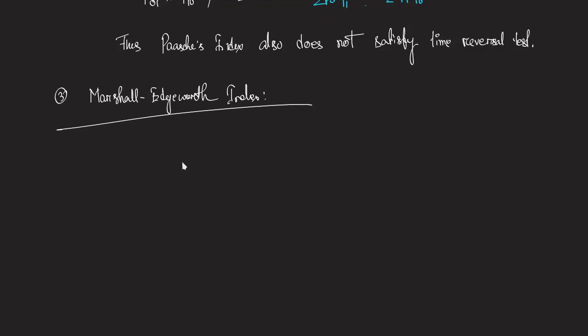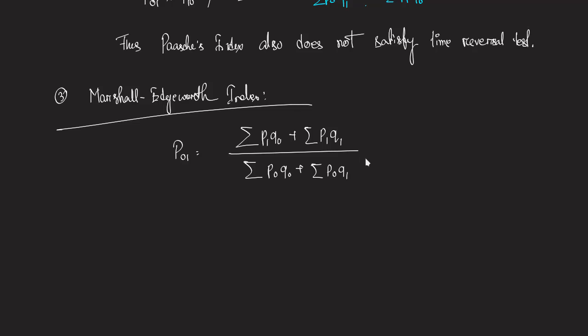So Marshall-Edgeworth P01 is given by summation P1 Q0 plus summation P1 Q1 over summation P0 Q0 plus summation P0 Q1, right?